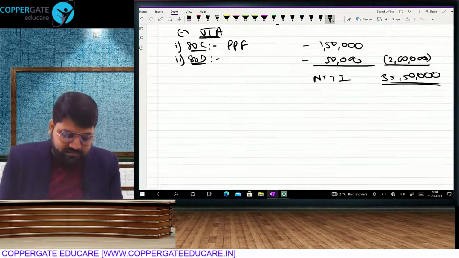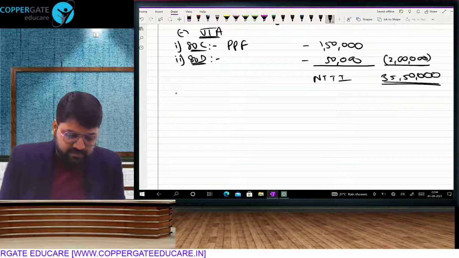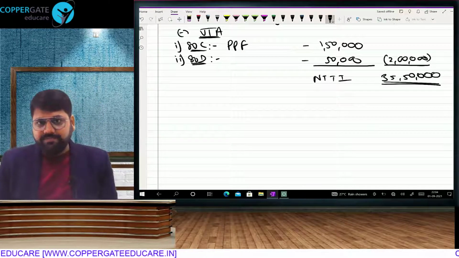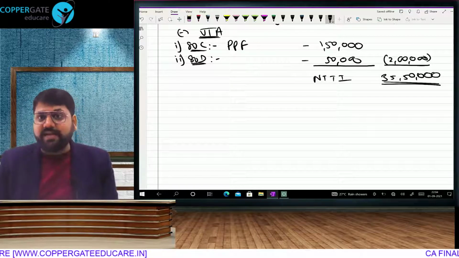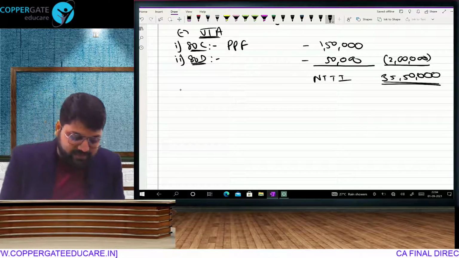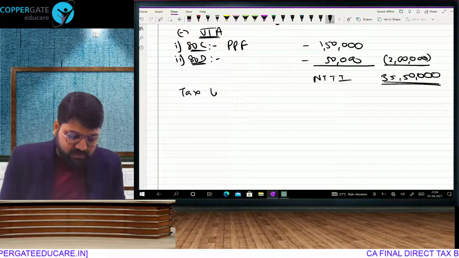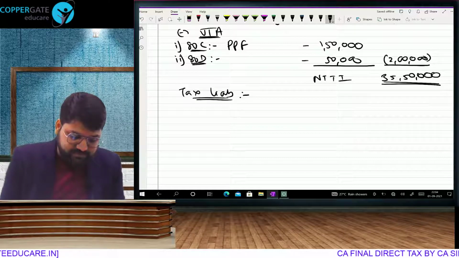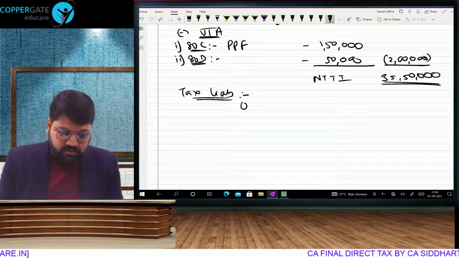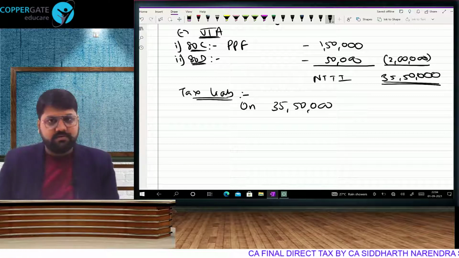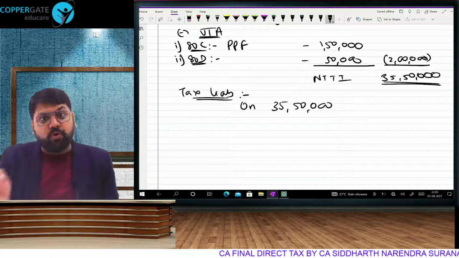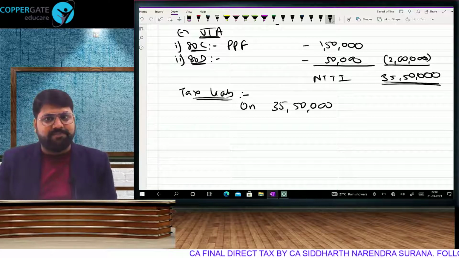On this 35,50,000, can I say we will have to calculate tax? But I'll tell you what. When we calculate tax, our calculation of tax is going to be on 35,50,000 obviously. But we have to also calculate. Now recollect the second example that we did.